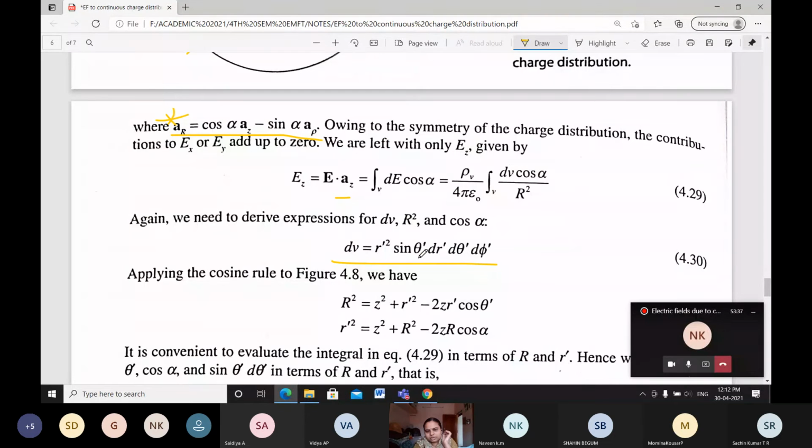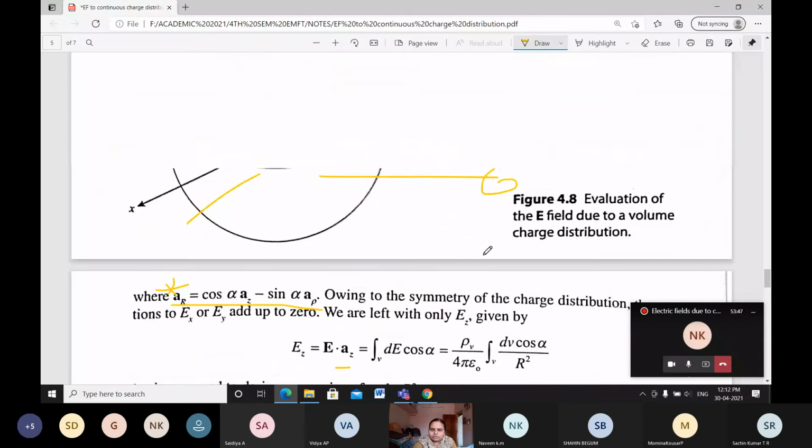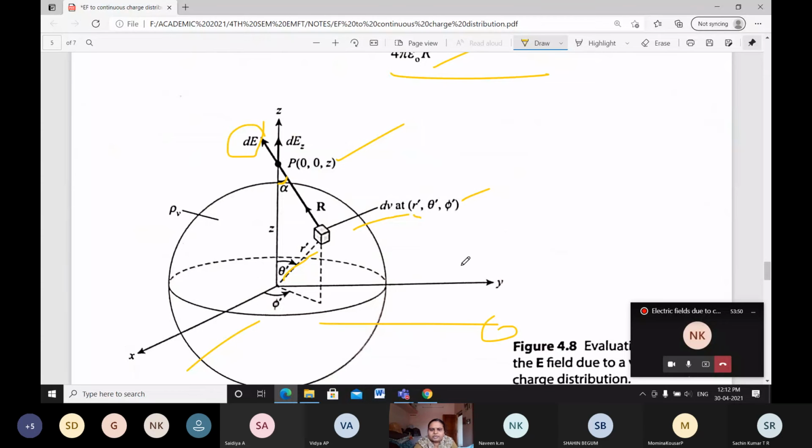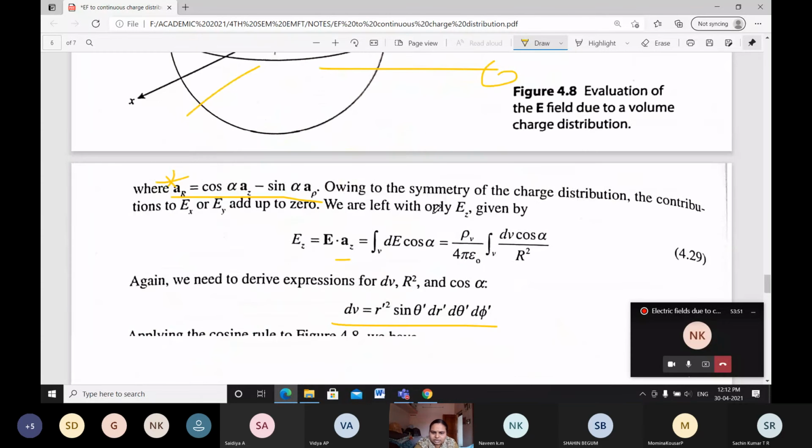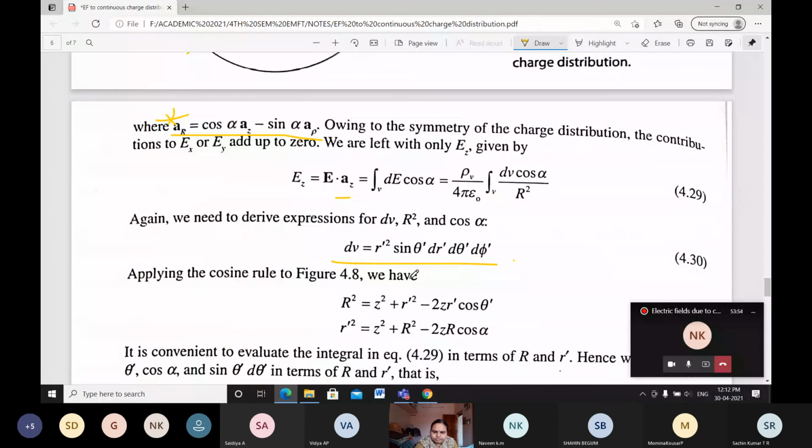That equation we are substituting here, instead of dr d theta d phi. Here it is taken in terms of r dash, theta dash and phi dash. For that reason, here it is written.